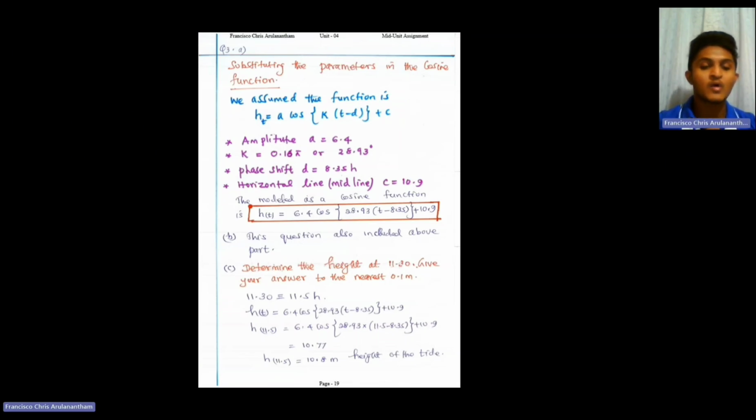So we will move on to part C in question number 3. Determine the height at 11:30.